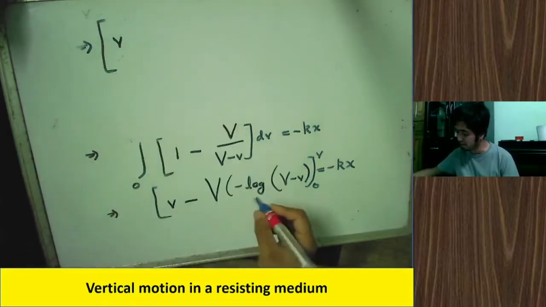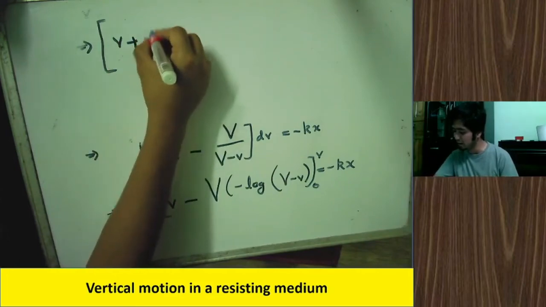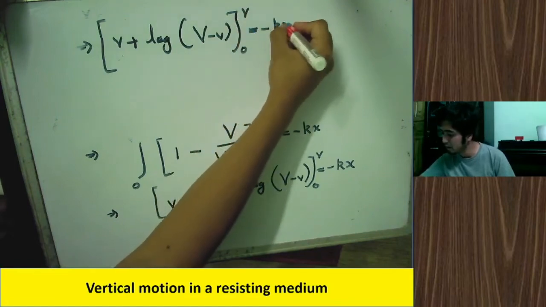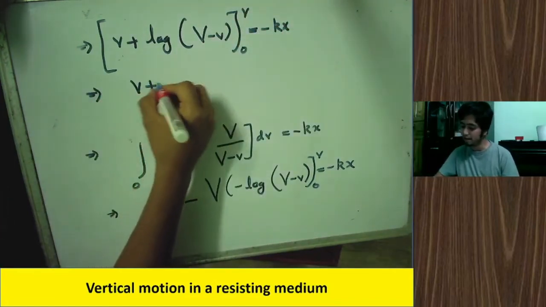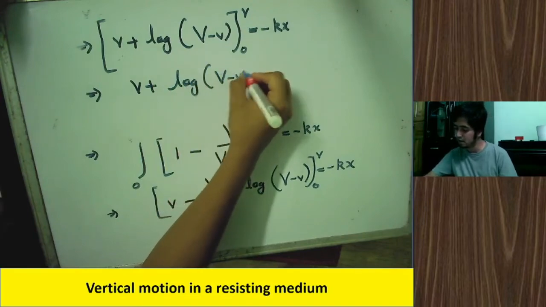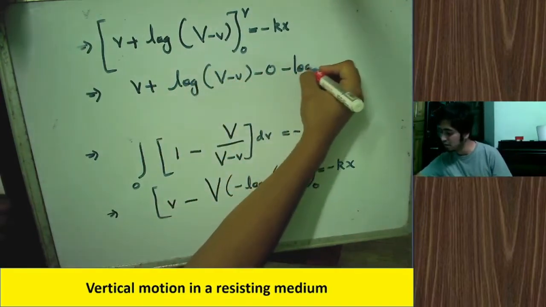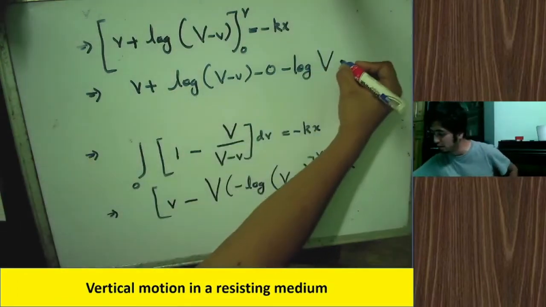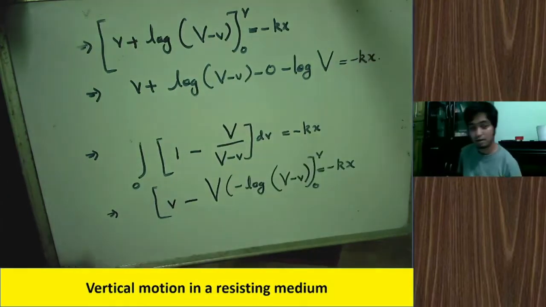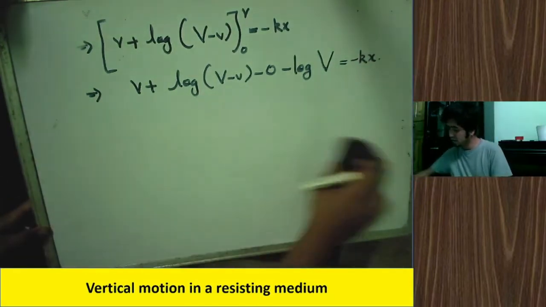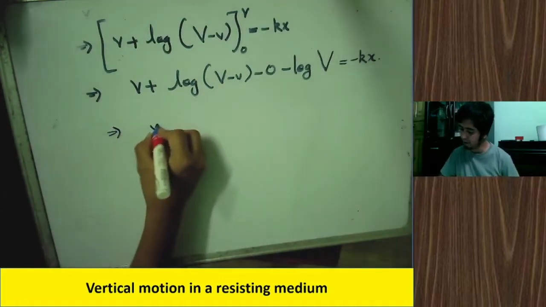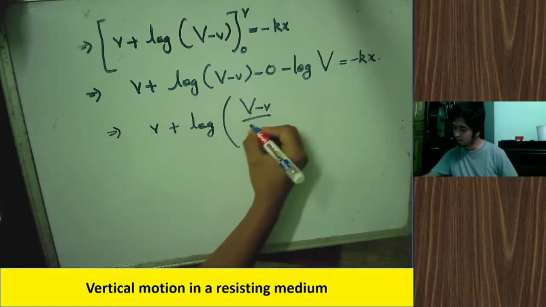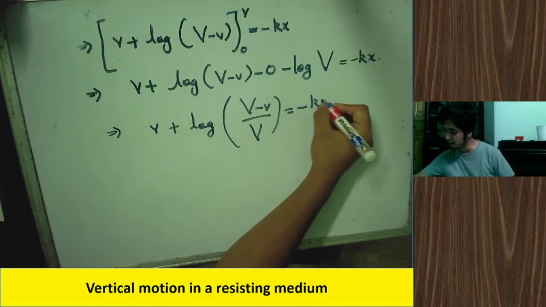So, substitute the limits. Maybe I'll just write it first. We will have something like this: minus 0 minus log V equals minus kx. So v plus log, minus kx.